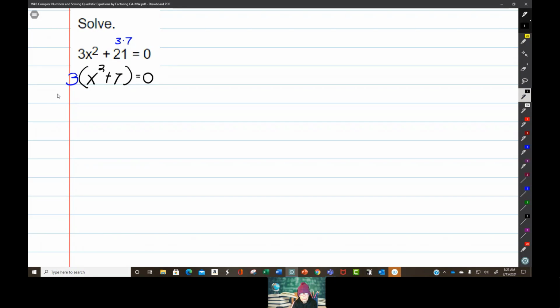So what do I do? I do something I can only do when I have an equation, so that I can do it to both sides of the equation. That won't change the equality of what I'm working with.